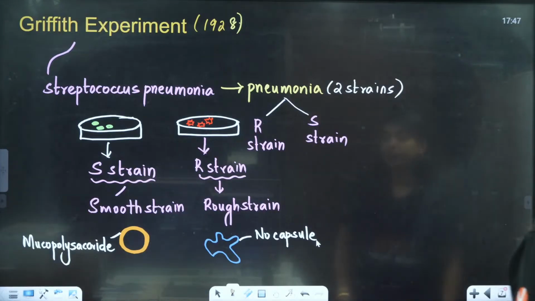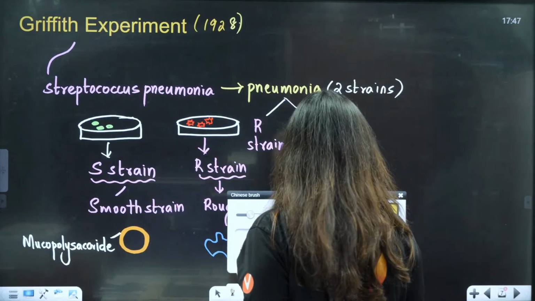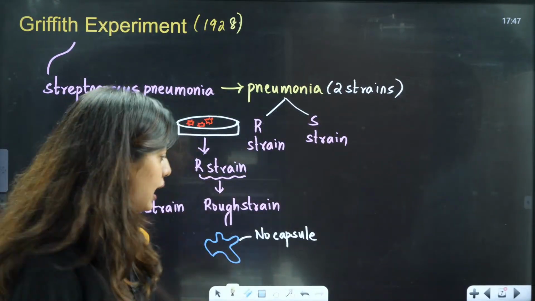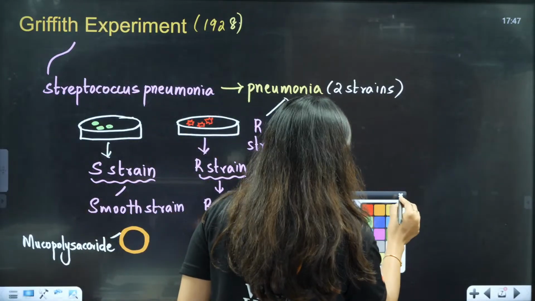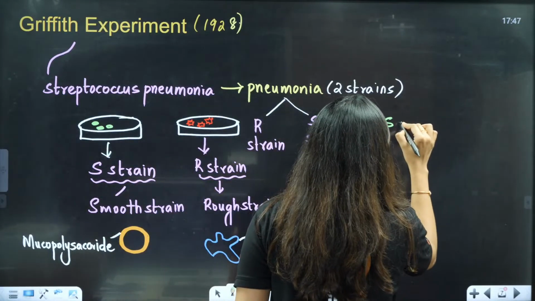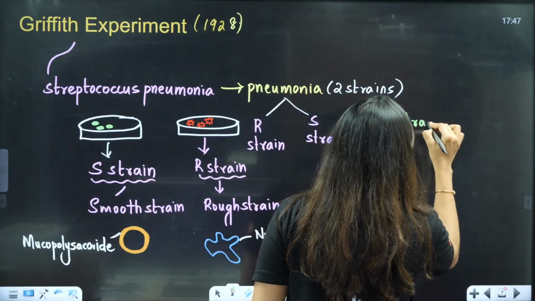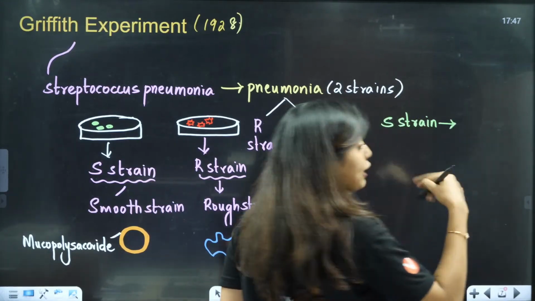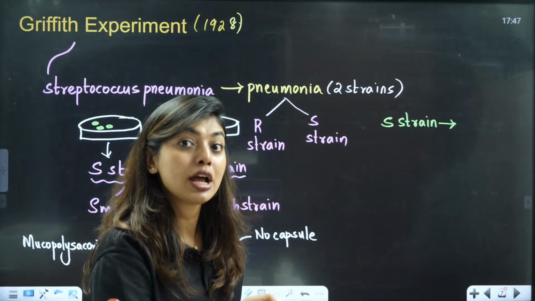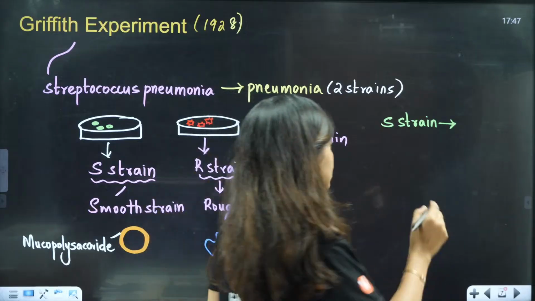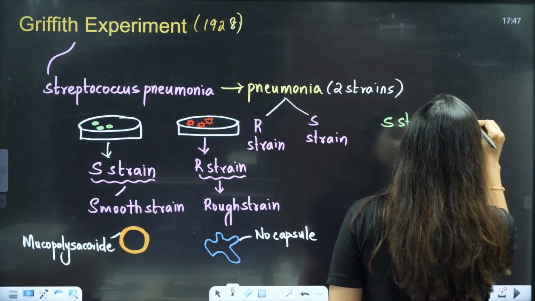Very good. Now students, when Griffith was working on this experiment, he understood one thing. He understood that this S strain, the smooth strain, is virulent. Virulent means disease causing. So S strain was virulent.